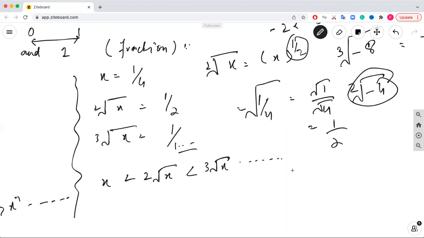And one more thing, in this case we have the same numerator but different denominators. So a smaller denominator means the value is greater. If this is 4 and this is 2, this is greater. You can also check by cross multiplying: this will become 2, this will become 4. So that's why this value is greater, right?